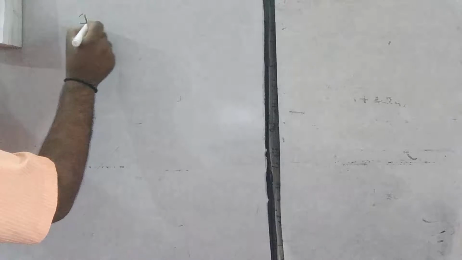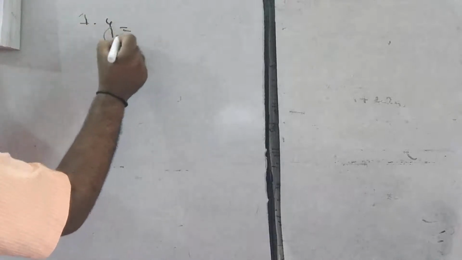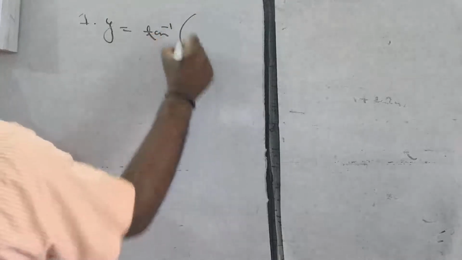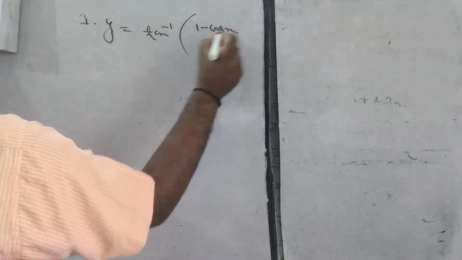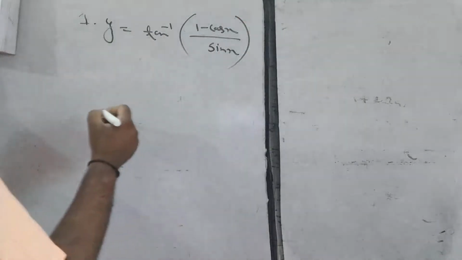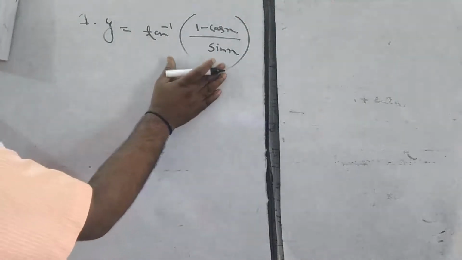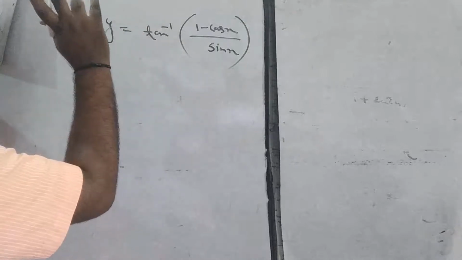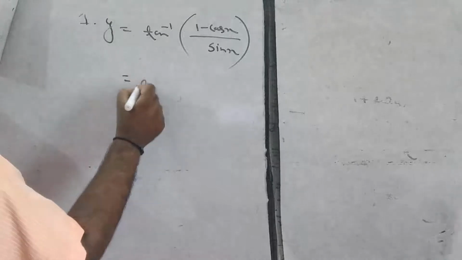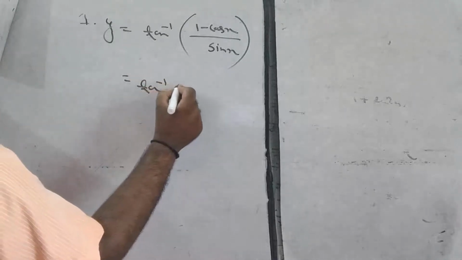I'm going to take some questions. First, differentiate y is equal to tan inverse of 1 minus cos x upon sin x. First of all, you simplify it on the basis of the inverse trigonometric function chapter, and after that you differentiate. So this is tan inverse.